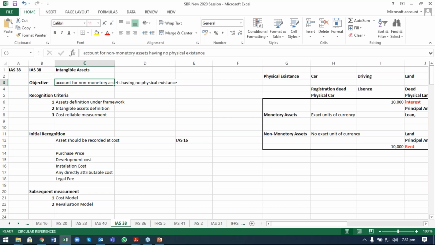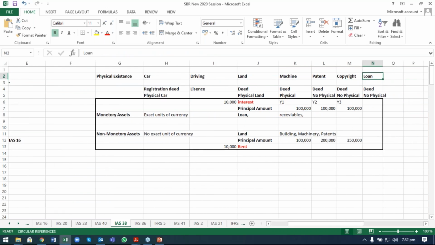If any asset qualifies these two qualities, non-monetary and no physical existence, only such assets can be accounted for under IS 38. So you can see I am not able to account for this loan under IS 38. That should be accounted for under another standard. For the time being, we know that's IFRS 9 financial instruments. Even if we don't know which other standard it belongs to, we can easily say a loan is not something that should be accounted for under IS 38, right?